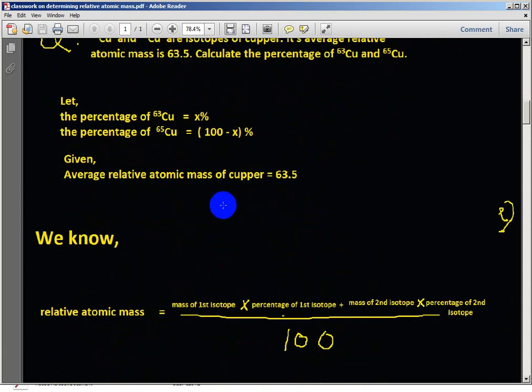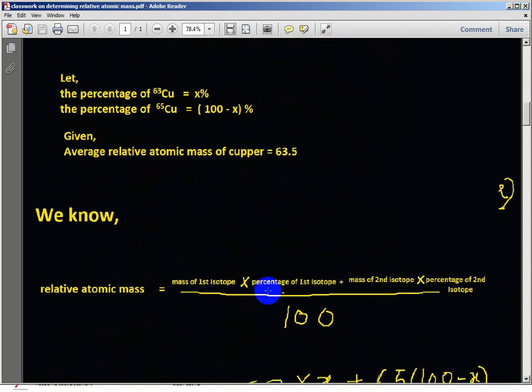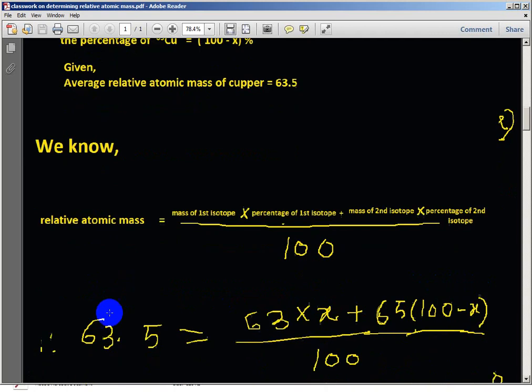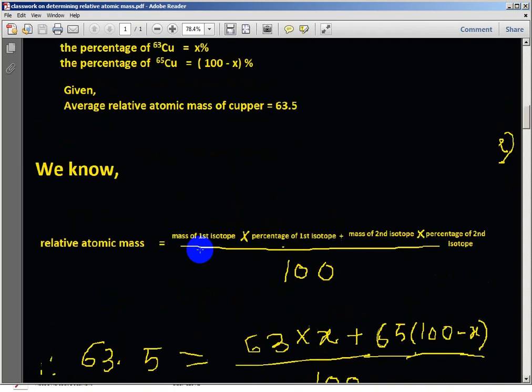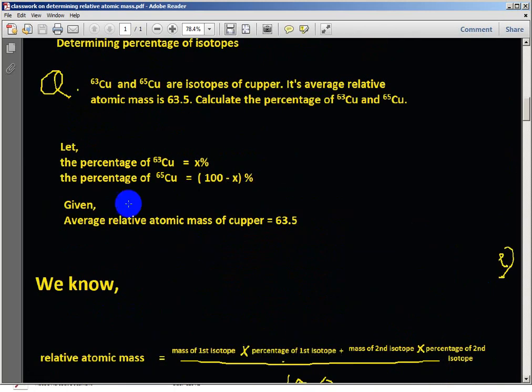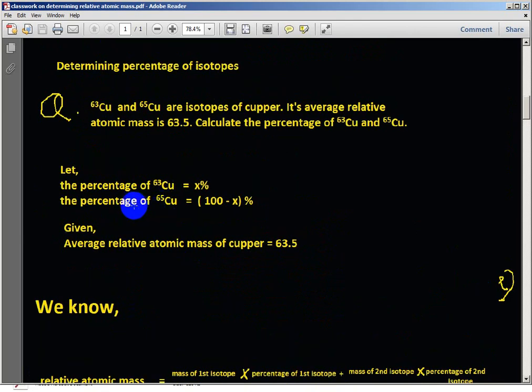So we know this relative atomic mass, we know the mass of the first isotope multiplied by the percentage of the first isotope, plus the mass of the second isotope multiplied by the percentage of the second isotope, divided by 100. Relative atomic mass is given as 63.5. So calculate the percentages of the 2 isotopes.